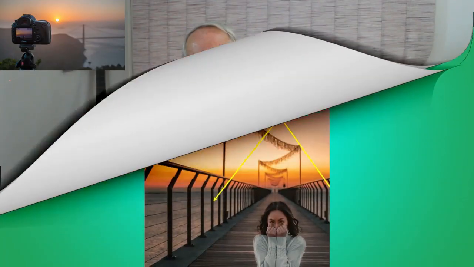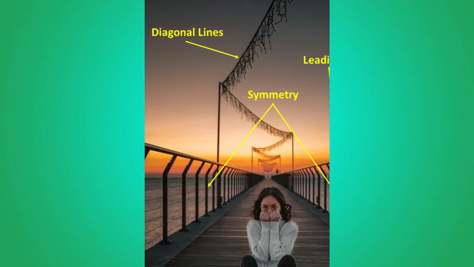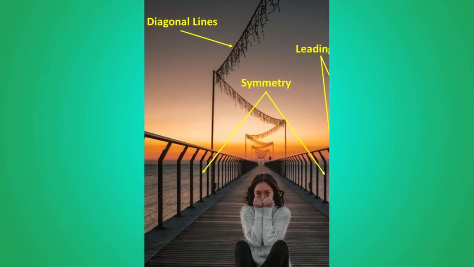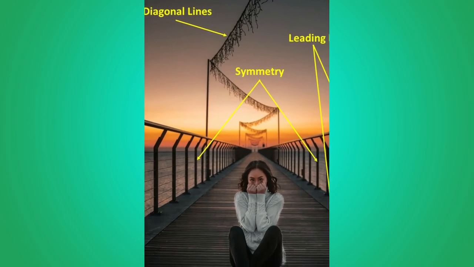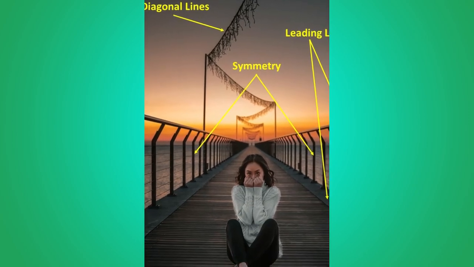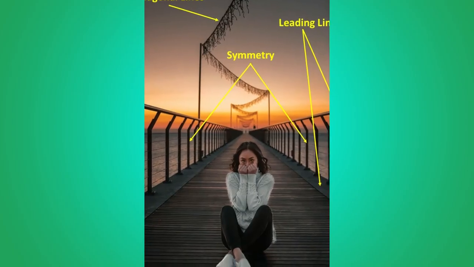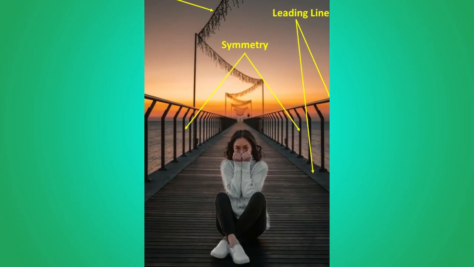Now, the other thing here is diagonal lines. Diagonal lines can also be used to draw a viewer's attention into the image, taking our attention to the subject, but they can also create shapes. In other words, interesting points or interesting perspectives to have a look at.